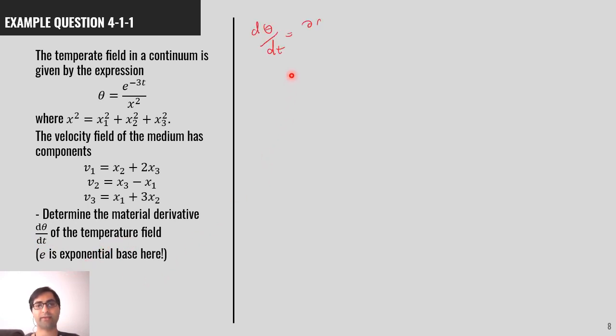So we know that d theta dt is partial theta partial t plus vi partial theta partial xi.